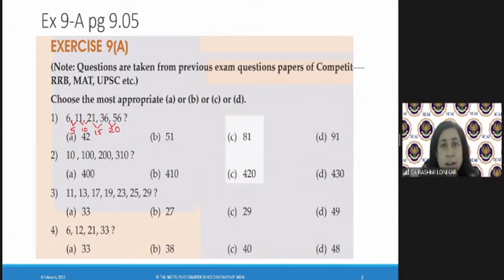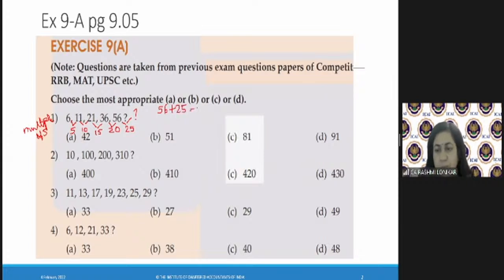Right? From here you are able to make out what is the series? That the difference is a multiple of 5. So what will be the next difference? 5, 10, 15, 20. So obviously 25. So this number will be 56 plus 25.